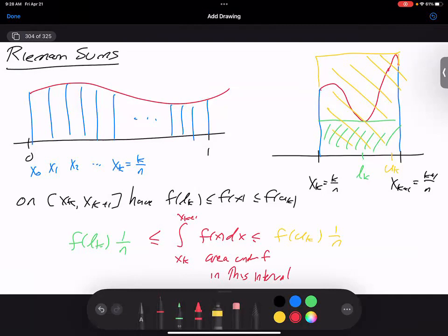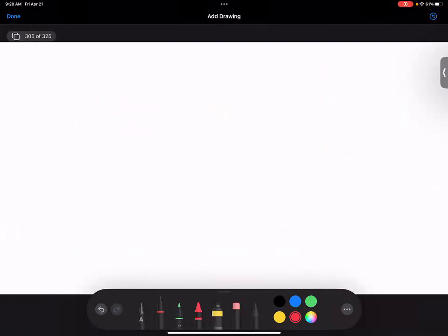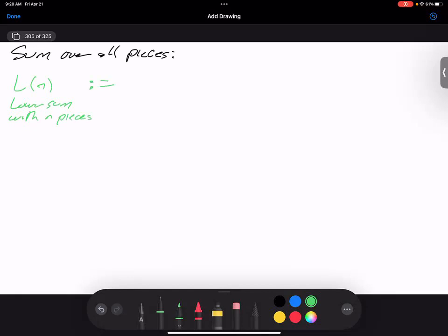And now what I'm going to do is just sum over all the pieces. Then we'll get L sub n, which is the lower sum with n pieces. This is going to be the sum, k goes from 0 to n minus 1, of f of lk times 1 over n.